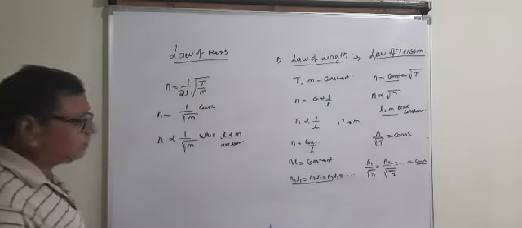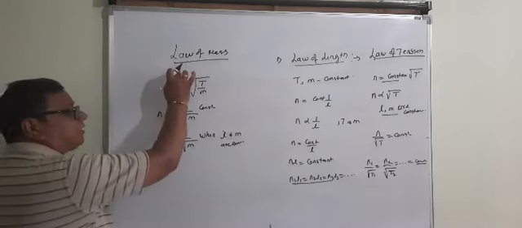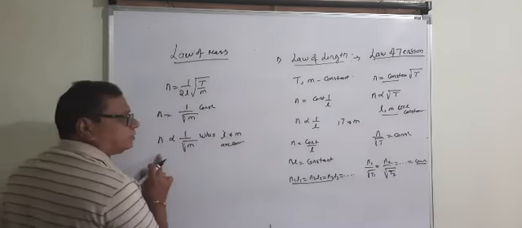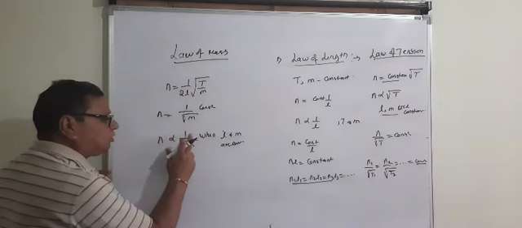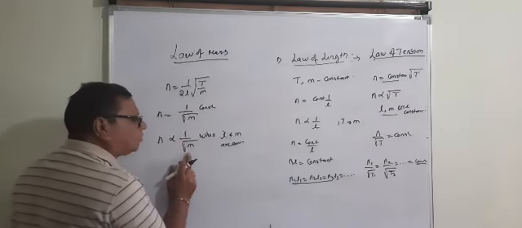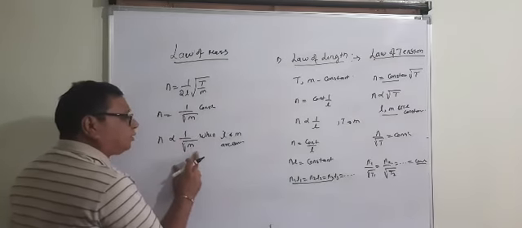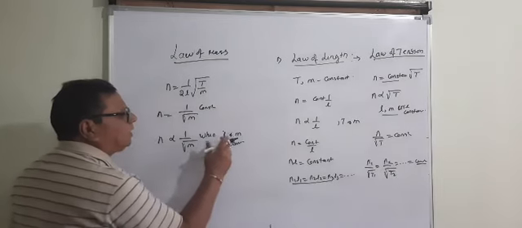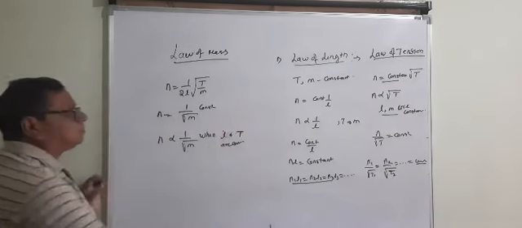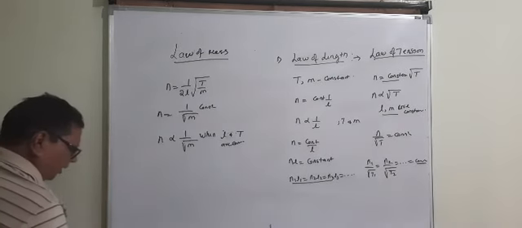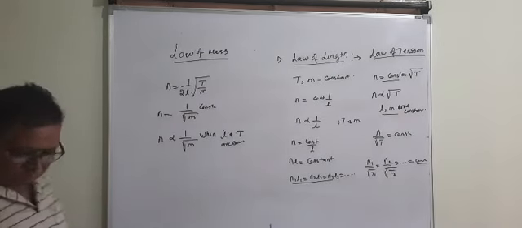How do we state it? The law of mass states that the fundamental frequency of vibration of a stretched string is inversely proportional to the square root of mass per unit length when length and tension are kept constant.